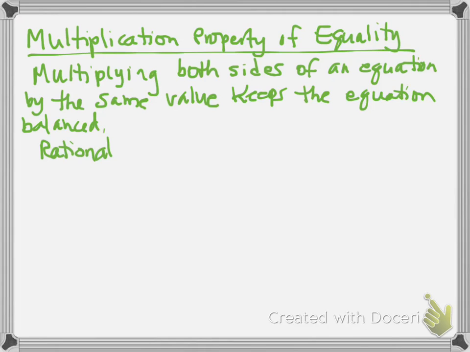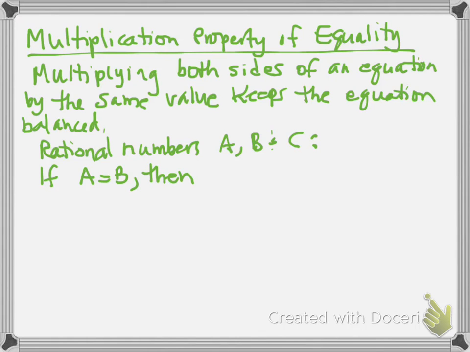We've got fractions, decimals, positives, negatives, okay? A, B, and C. And then if we have this condition where A equals B, then multiplying both sides by C is not going to change the value of your equations. Okay?